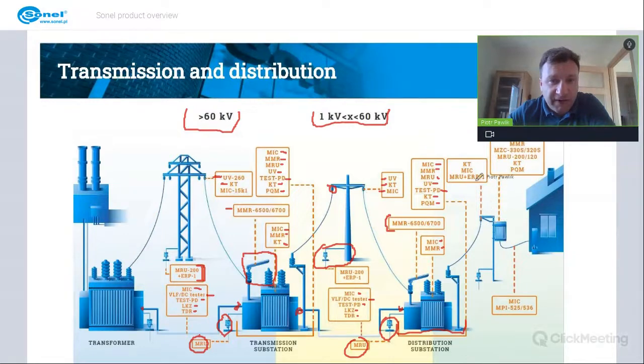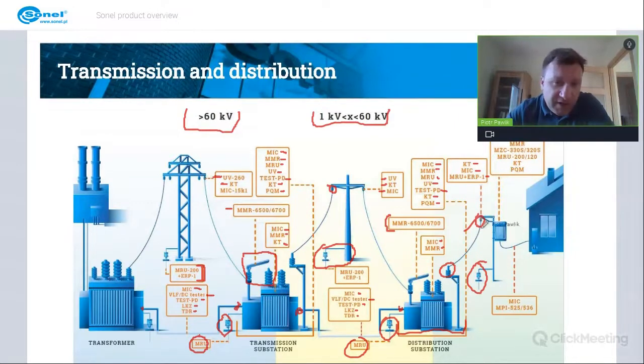In case of overhead lines, we can check with thermal imagers if there are any overheating components. We can check insulation resistance of any of the insulators, and we can check the earth resistance using the MRU meters, also in case we have the towers, then together with ERP1 adapter.